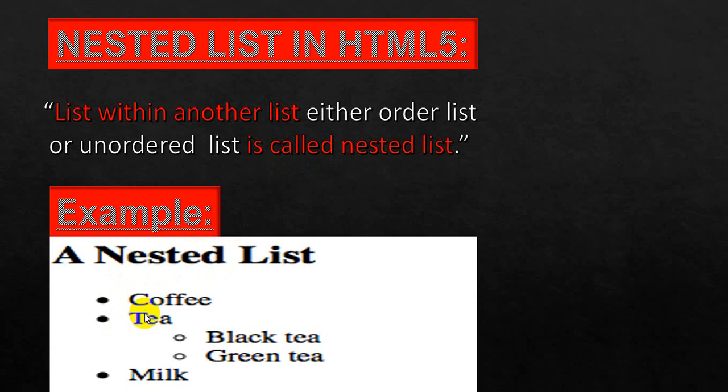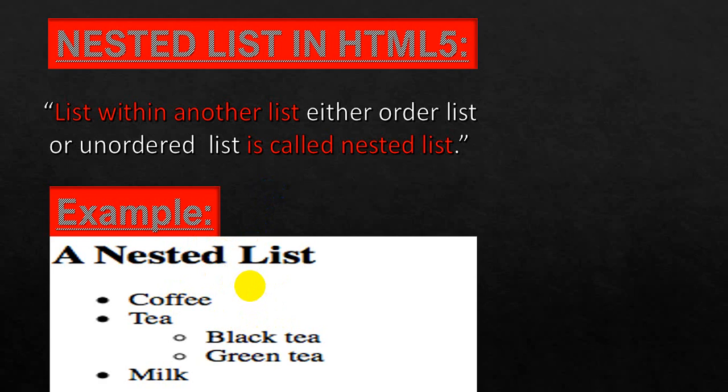Just see the example. In one list we have coffee, tea and milk, and inside that we have again two items, black tea and green tea. So this is a list where we have only two items, and in the first list we have only three items: coffee, tea and milk. Now, on the basis of how many levels we have inside a nested list, there are categories in nested lists: single level and multi-level.